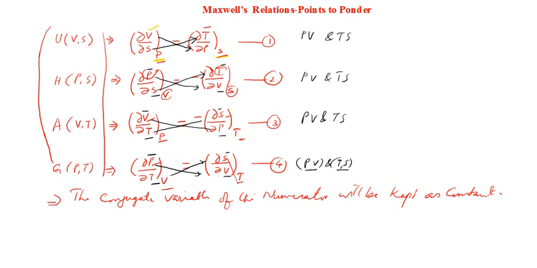Okay, so you can see that in two of these equations, there will be P and T coming as numerator and denominator on the same side. Look at those equations. One is the first equation.